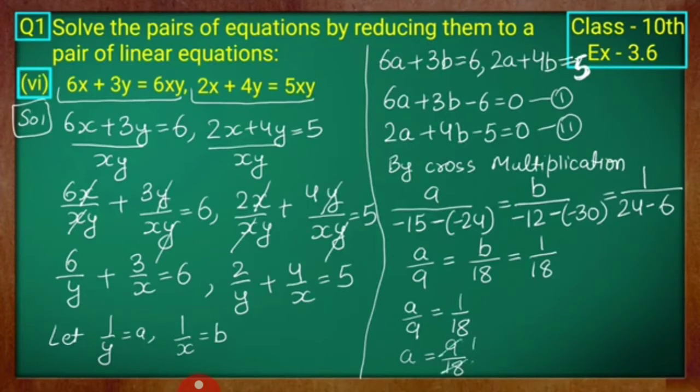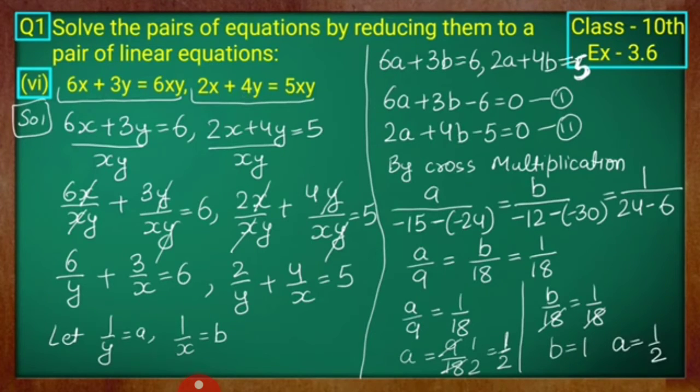After reducing it, it will be 1 upon 2. On the same pattern for b, take the second and last term. b upon 18 is equal to 1 upon 18. 18 is cancelled from both the sides. So the value of b is equal to 1. We have a is equal to 1 upon 2, b is equal to 1.